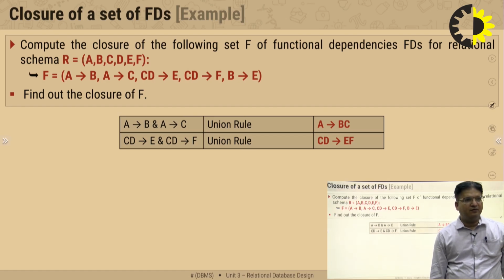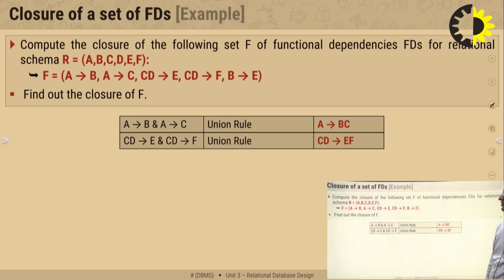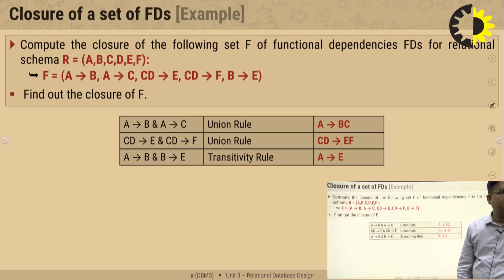Now, again a new question. There is a relation R having the attributes A, B, C, D, E, F, and A determines B, A determines C, CD determines E, CD determines F, and B determines E. So let us find out the closure.